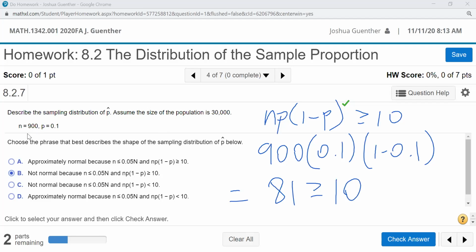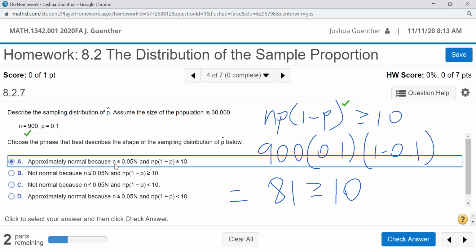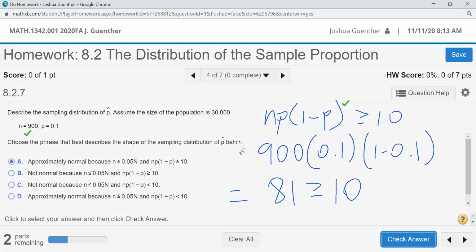Our sample size is less than or equal to 1,500. So this is going to be approximately normal because of part A, because our sample size is less than 5% of the population size, and n times p times 1 minus p is indeed greater than or equal to 10.